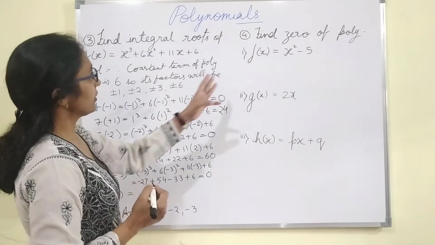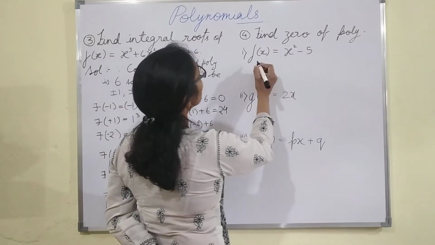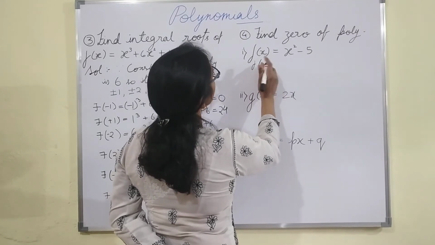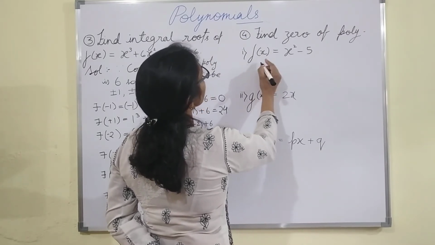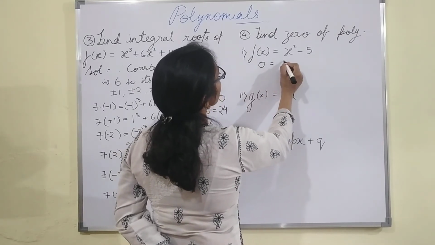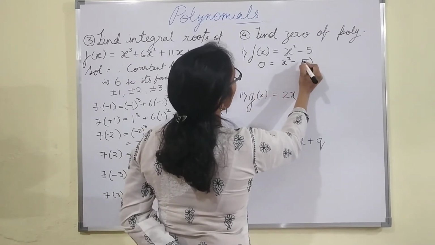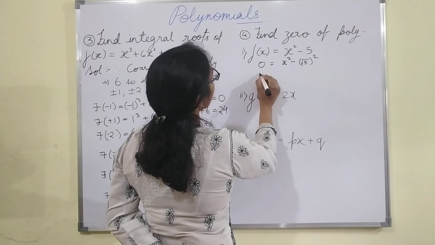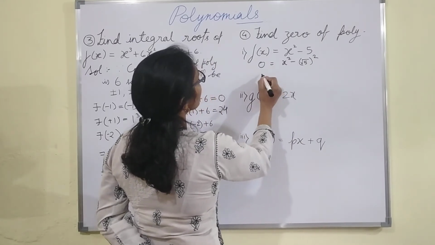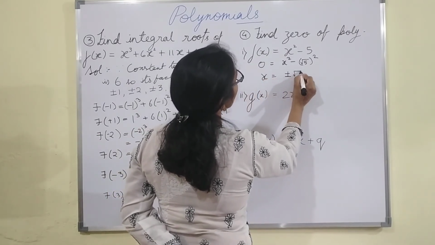Okay. Now the next example is, find the zero of a polynomial. Zero of a polynomial means f(x) = 0, we will equate it with 0. So x² − (√5)² = 0, so x = ±√5.